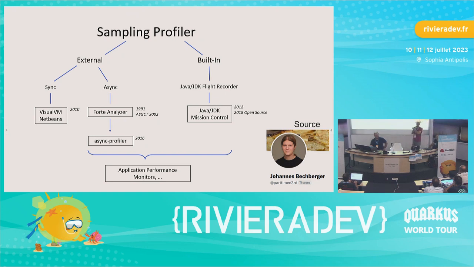If you search for him on Twitter, he's an SAP engineer working to improve the specific code paths of the JDK so that they are safer for most of the profilers out there. And he made this taxonomy in his profiling slides. So you can have an external one, and there are synchronous ones, like the one that relies on this safepoint mechanism to present you profiling data, like VisualVM.